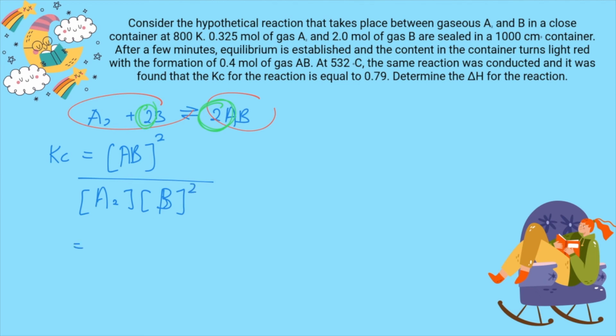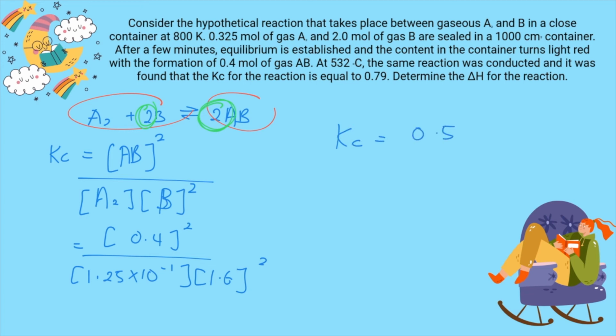So your Kc is equivalent to 0.4 to the power of 2 divided by 1.25 times 10 to the power of negative 1 times 1.6 to the power of 2. From here you get your Kc is equivalent to 0.5.